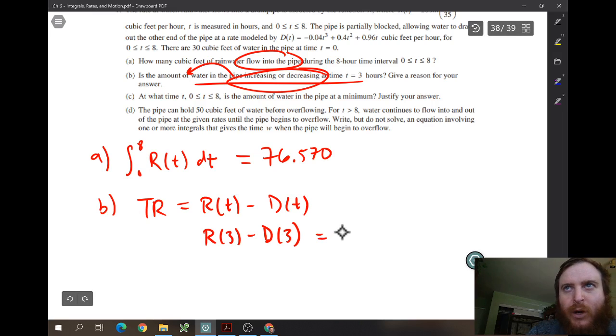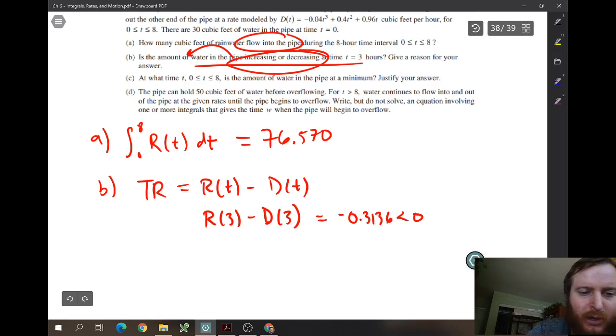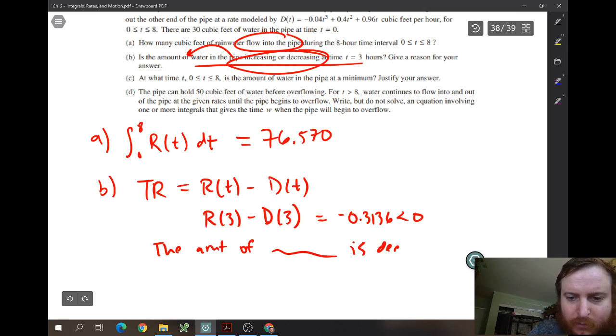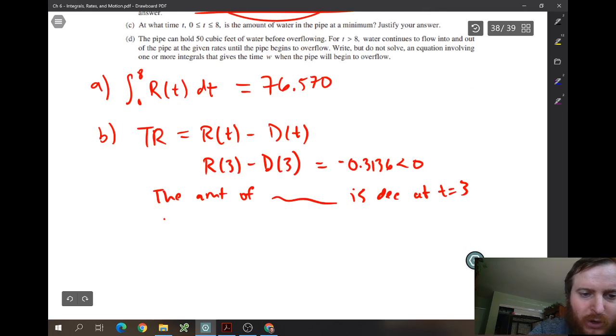And we're going to end up with negative 0.3136, which is less than 0. So we can say the amount of water in the pipe is decreasing at time 3 because R of 3 minus D of 3 is less than 0.